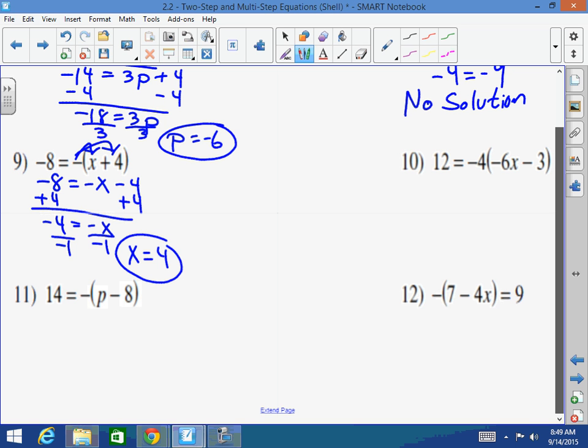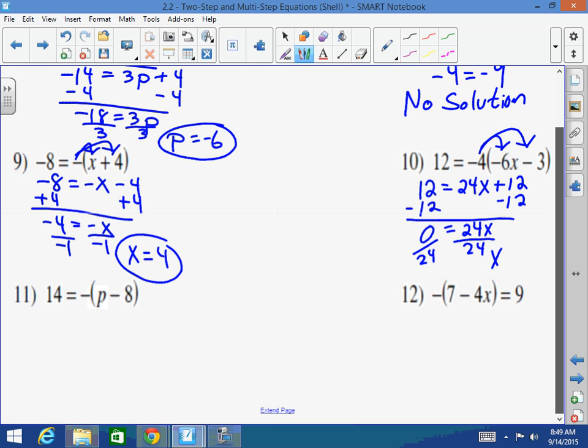Number 10, I've got to distribute that negative 4 to everything first. And I've got 12 equals 24x plus 12. Subtract 12 to both sides. 0 equals 24x. Divide by 24, and x equals 0.